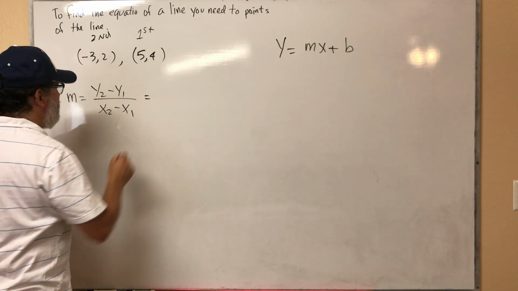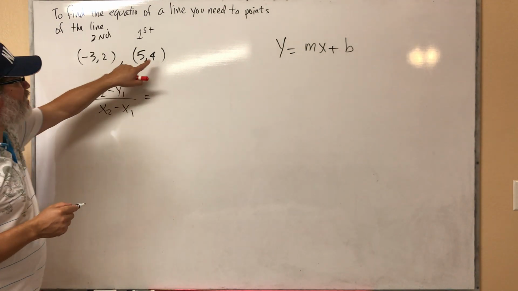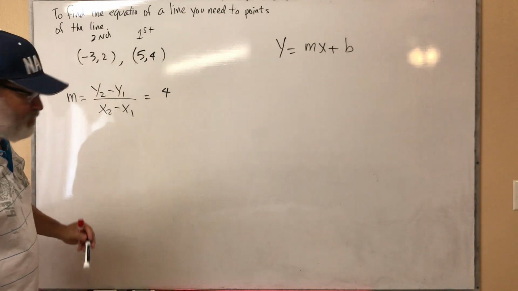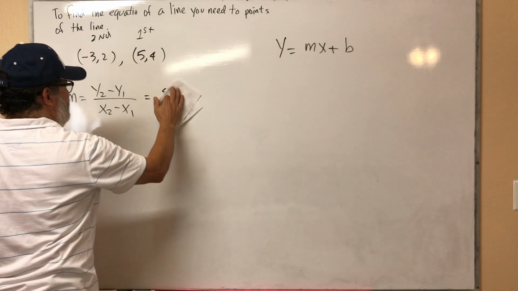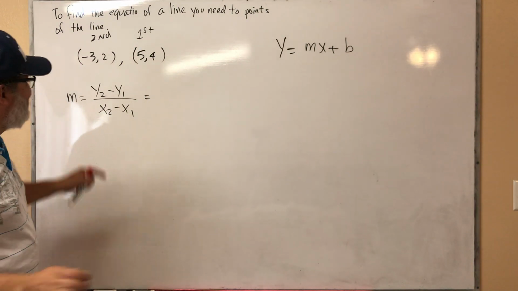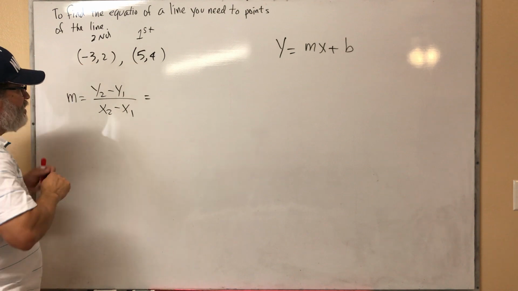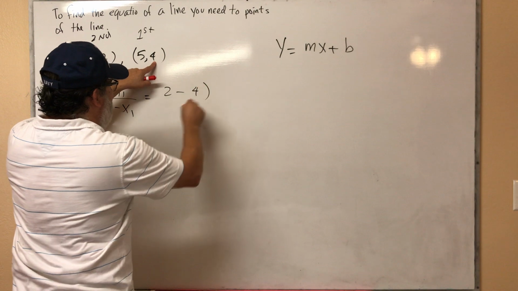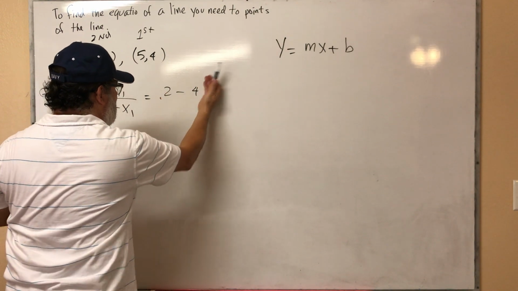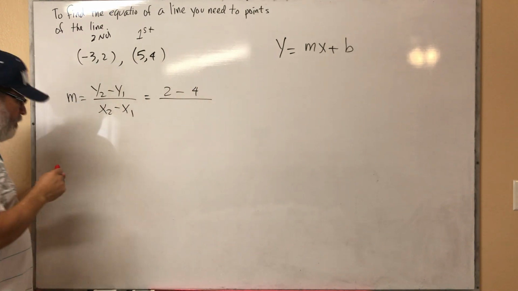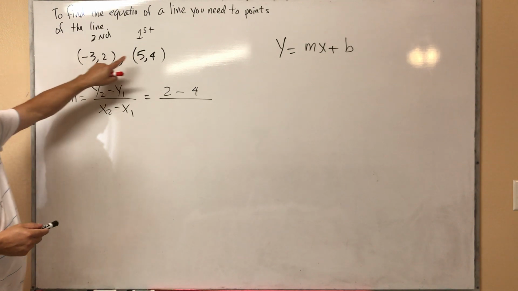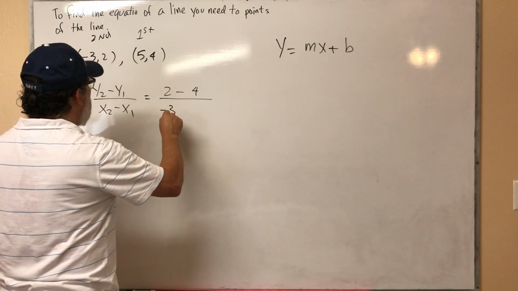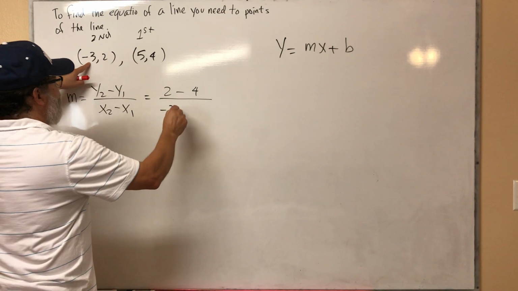Actually, the way I labeled it, I'm doing this incorrectly, because that's the first. That's wrong. This is y2 right there. So y2 minus y1, 4 minus 2, over x2 minus x1, 5 minus -3.